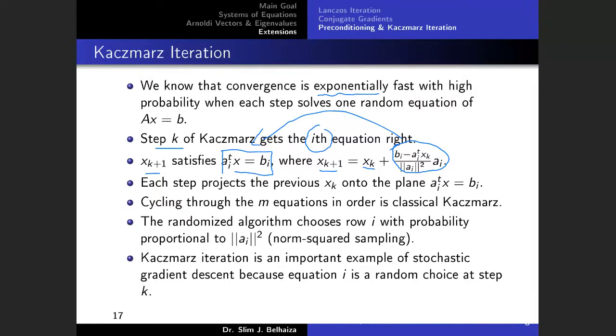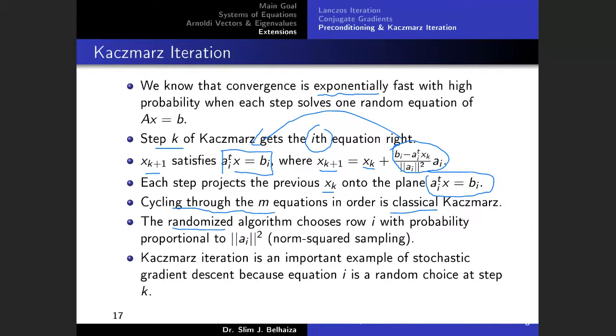So in fact, what happens inside is that each step projects the previous x k onto the plane a i transpose x equals b i. And if you cycle through the m equations in order, we have the classical Kaczmarz, and if you cycle in randomized order, you have a faster convergence.